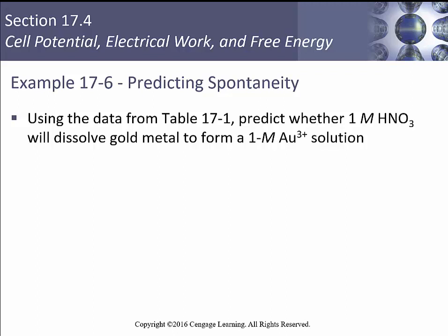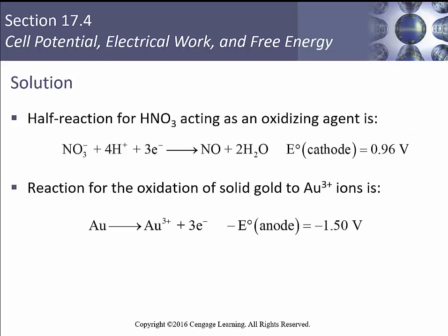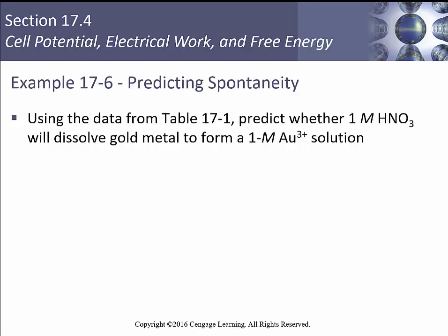Okay? So if I take my nitric acid, my half reaction for the nitric acid acting as an oxidizing agent. Here we're specifying that gold is going to go from gold solid to gold 3 plus. So we know that this gold has to be the oxidation, right?